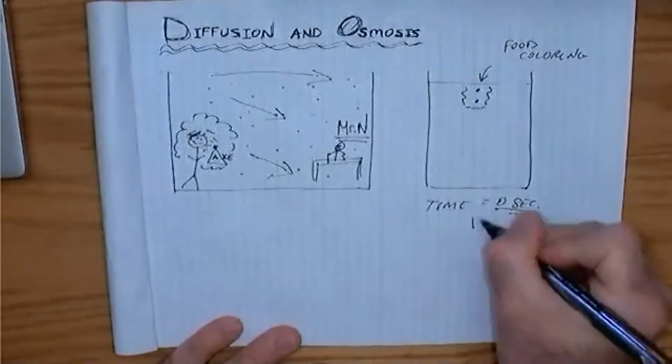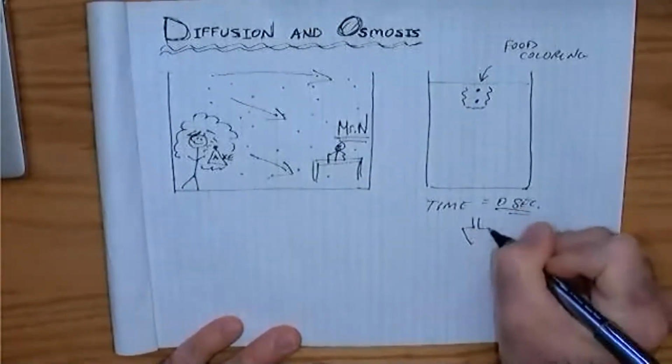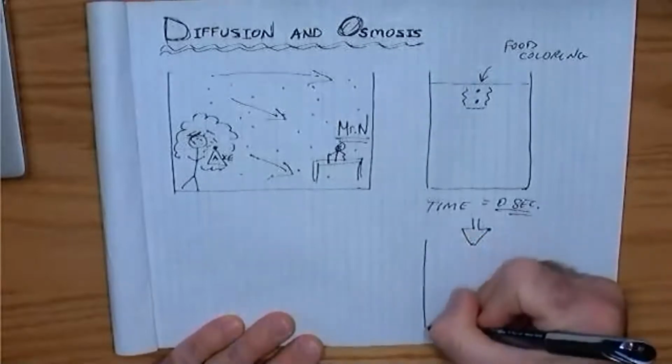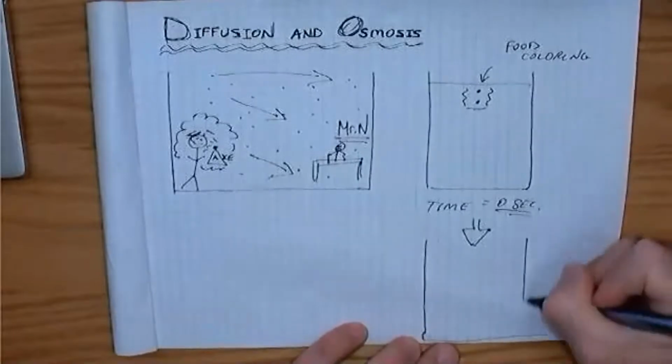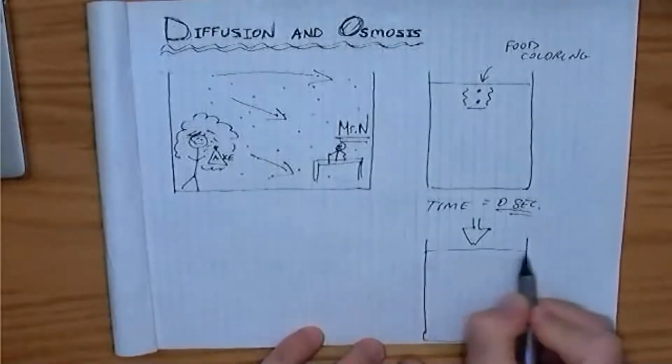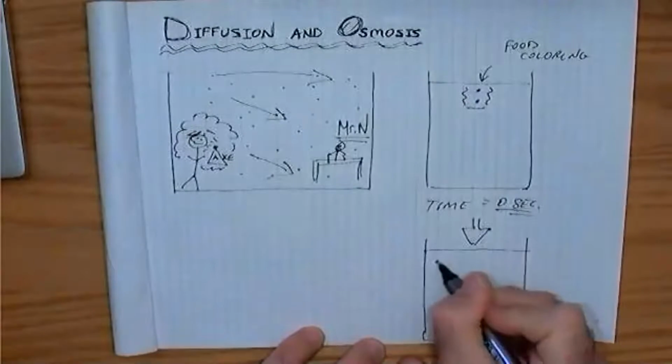But slowly, over time, those molecules of food coloring or iced tea will start to spread out.